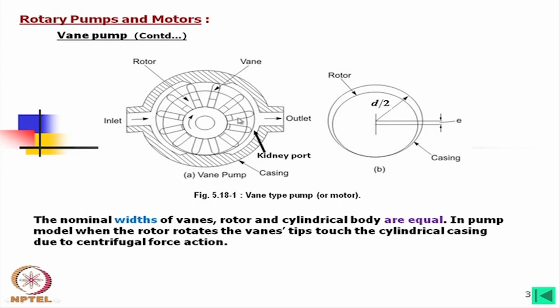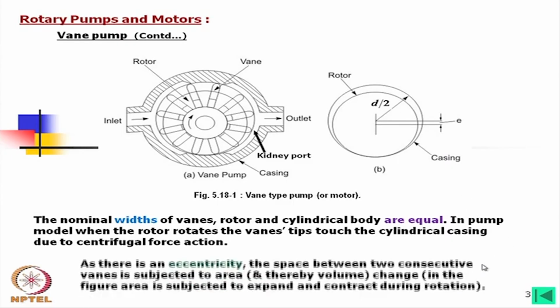It might be odd or even; there is not much difference in flow fluctuation, because with 11 it is about 1.7 percent fluctuation. If it is more than that, we can go for an even number. In fact, if it is just above 11, then we can go for an even number. There is no special reason that we should use only even numbers, we can use odd numbers also, but very often we will find the numbers are even.